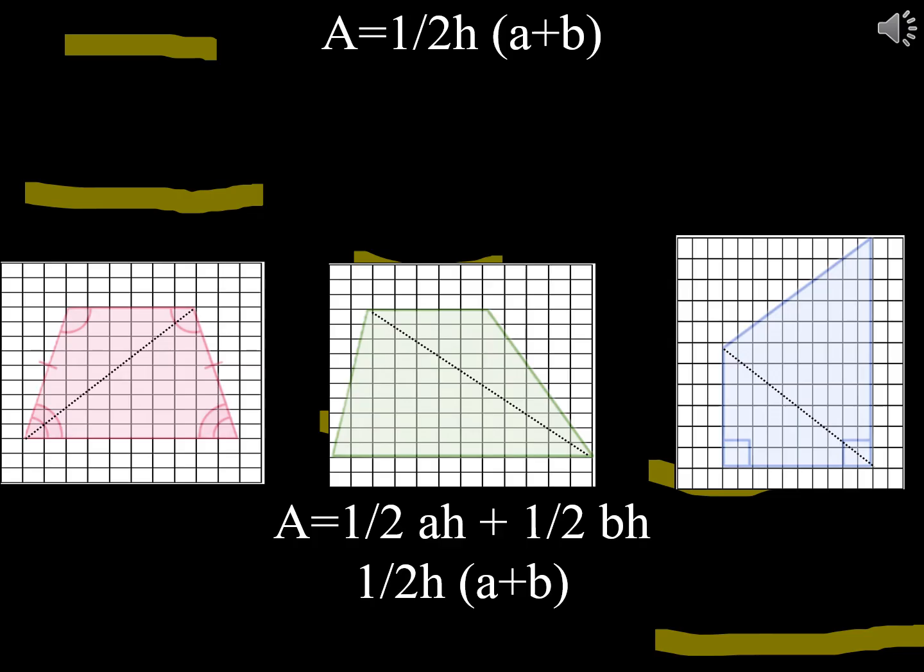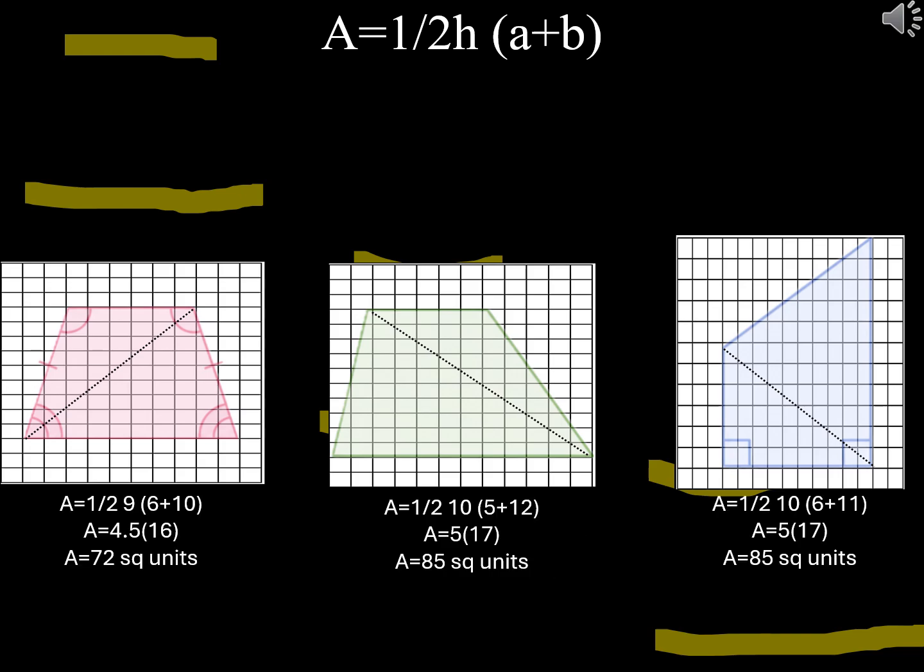Triangle 2 is upside down, but has a base of line b and a height of h, which is the same as the other one, which equals 1/2 of b times h. So to find the area of the trapezoid, we add the areas of both triangles, 1/2 of ah plus 1/2 of bh. When we simplify that, it gives us 1/2 of h times (a plus b).